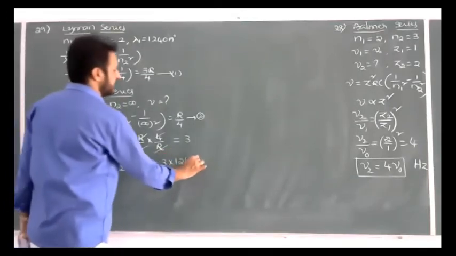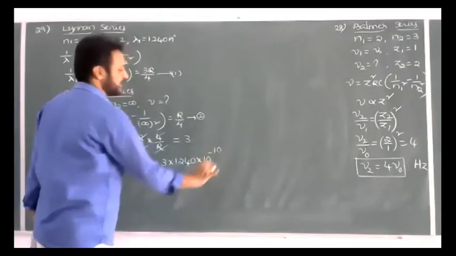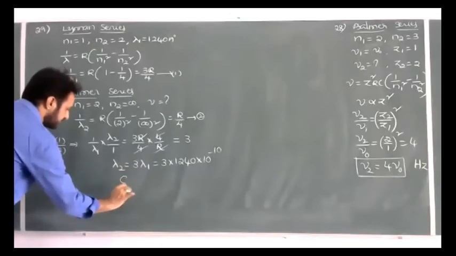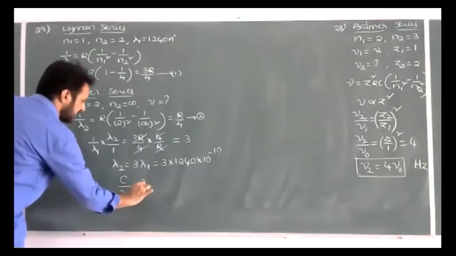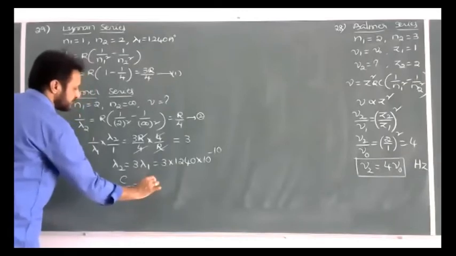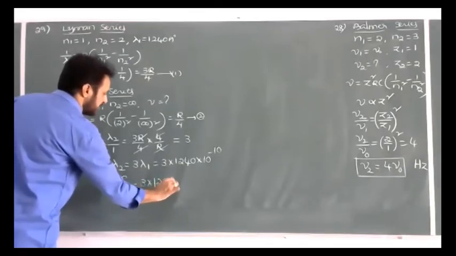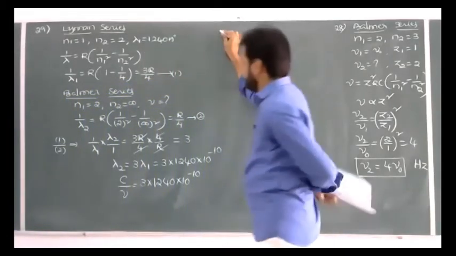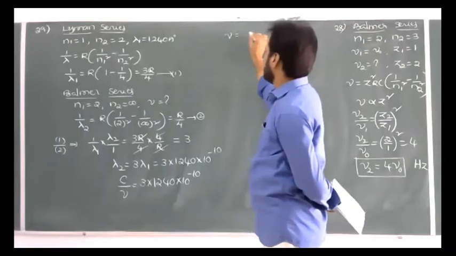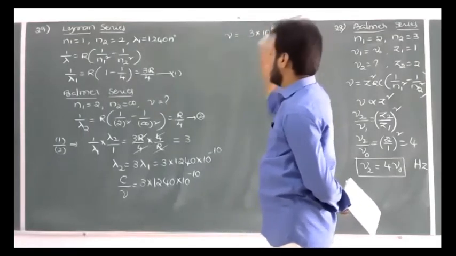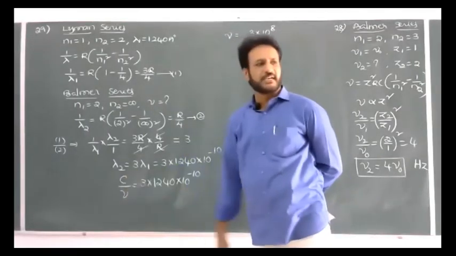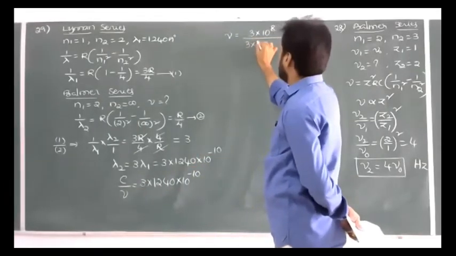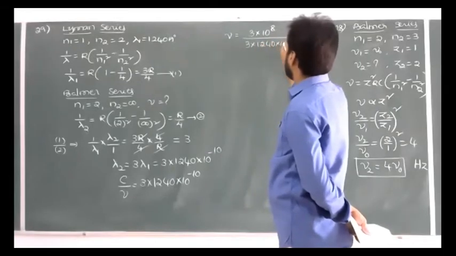If you want to convert into meter, write into 10 to the power of minus 10 meter. Now lambda is equal to C by nu, which is equal to 3 into 1240 into 10 to the power of minus 10. So nu is equal to C, the value 3 into 10 to the power of 8, speed of light, divided by 3 into 1240 into 10 to the power of minus 10.